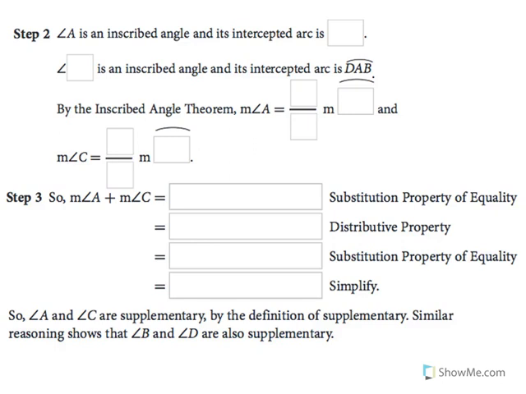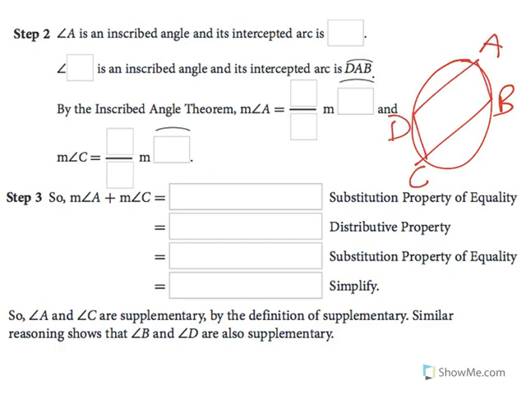And step 2, angle A. Let's redraw the diagram again. So we have B, C, D, and A, and this is the circle O. We see that angle A is an inscribed angle and intercepts the arc BCD, and angle C is an inscribed angle, and its intercepted arc is DAB.